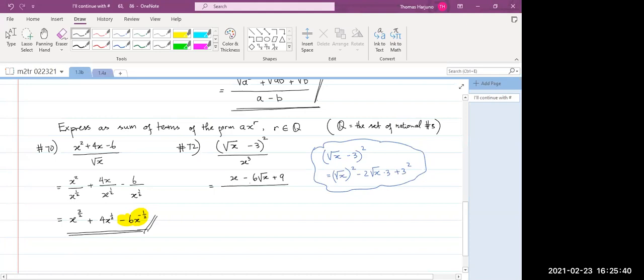Divided by x cubed. Now I will split them and rewrite it into rational exponents, especially for the second term.